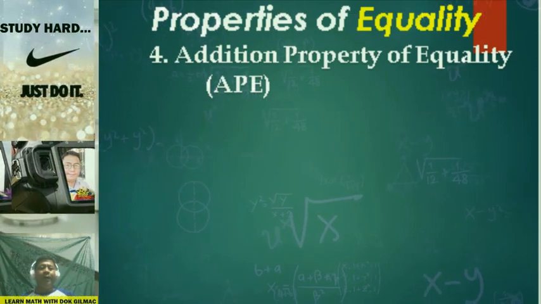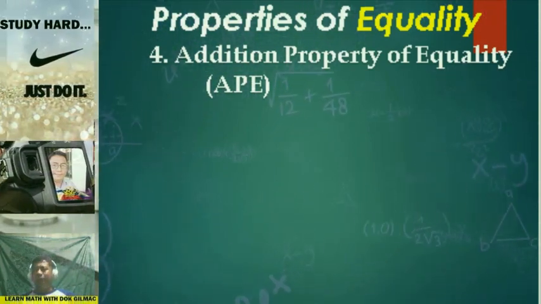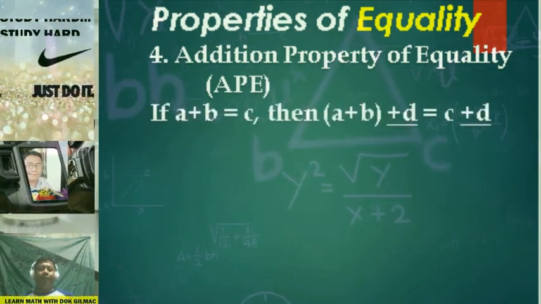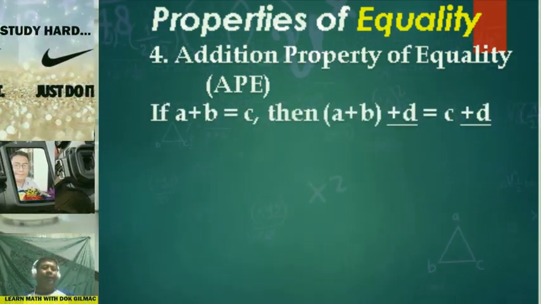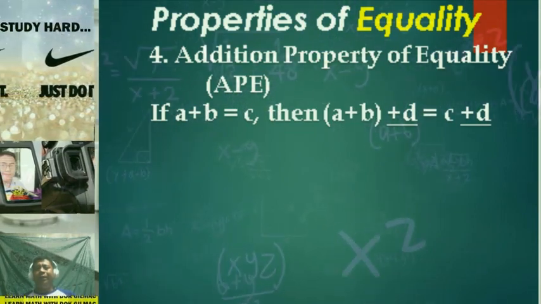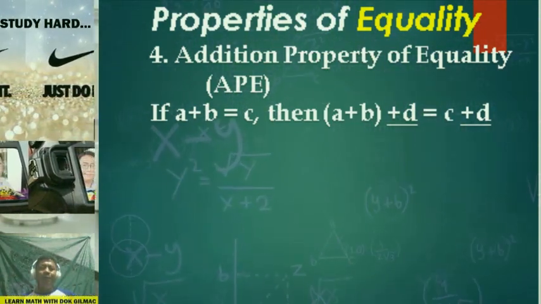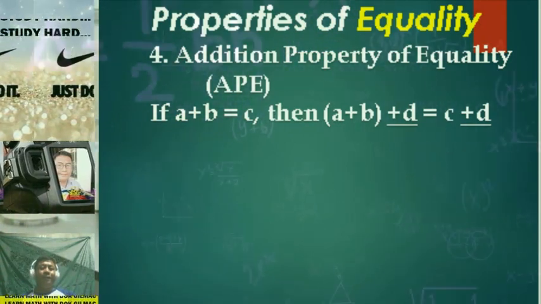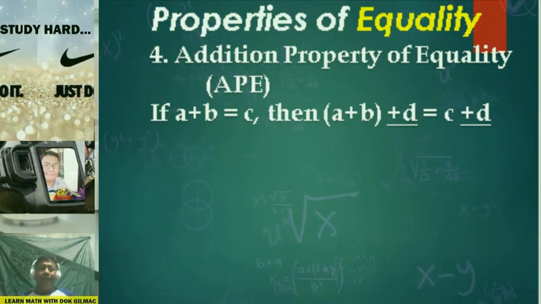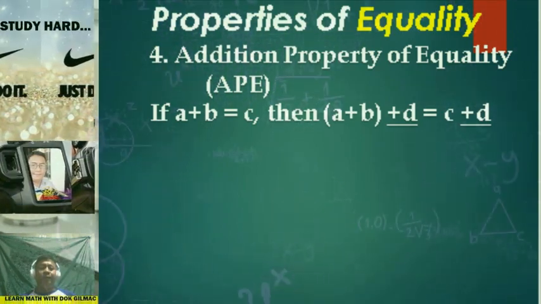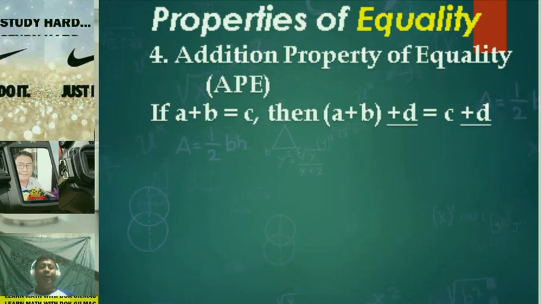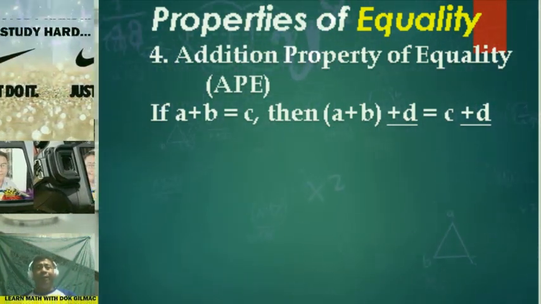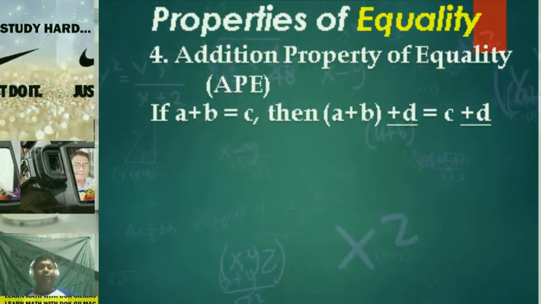Number 4, addition property of equality, or what we call the APE. If A plus B is equal to C, then quantity A plus B plus D is equal to C plus D. If you add a certain number on the left side of the equation, then you will also add that particular number on the right side of the equation.